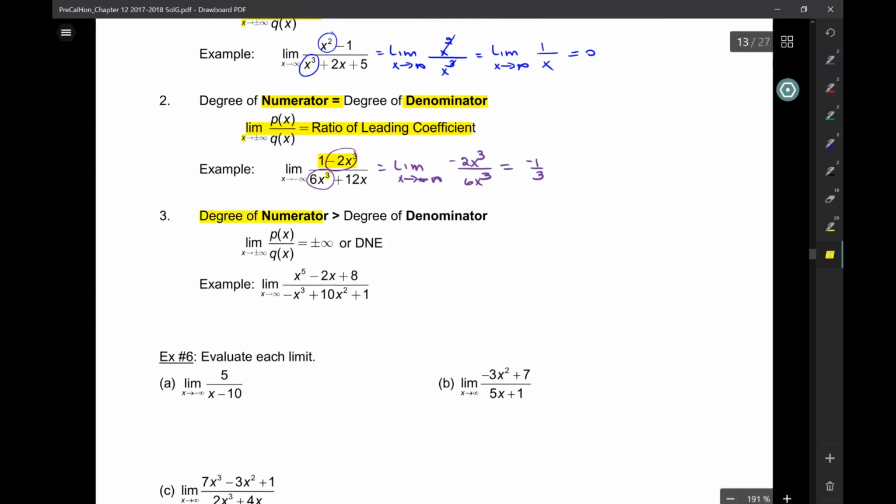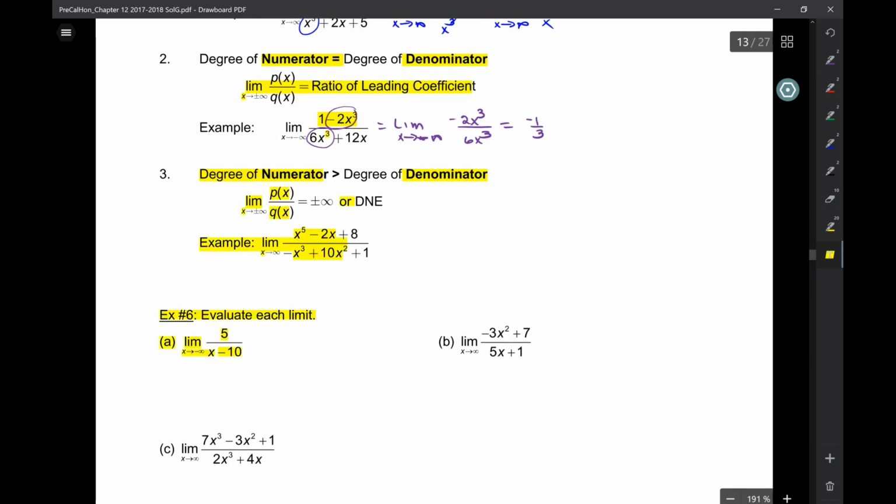Okay. If the numerator has a larger degree than the denominator, then it'll be positive or negative infinity or DNE. So x to the 5 over negative x cubed. This is going to be the limit as x approaches infinity of negative x squared, negative infinity.